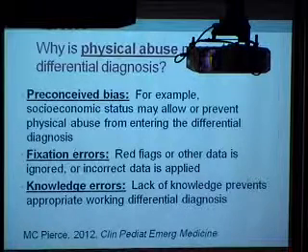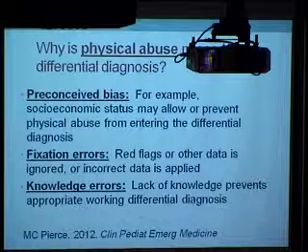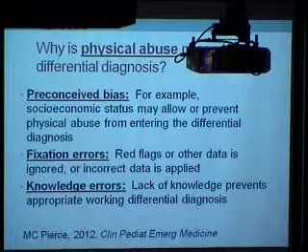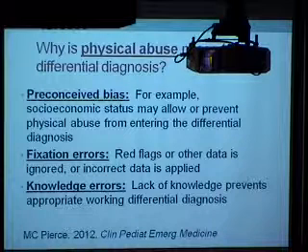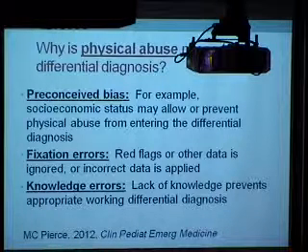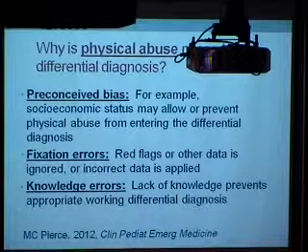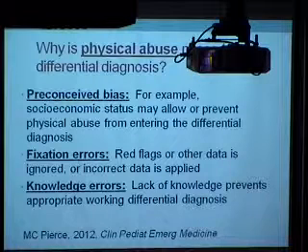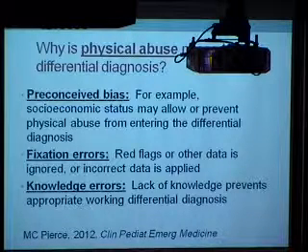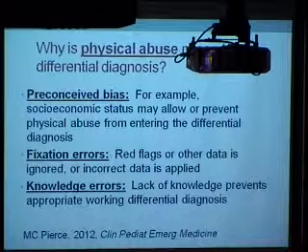So why is physical abuse in general missed in the differential diagnosis? I'm going to talk a lot about Dr. Pierce. She is an emergency medicine physician at Northwestern, and I have a lot of her work in here. In one of her papers, she gets at why medical providers miss this diagnosis. There can be preconceived bias.